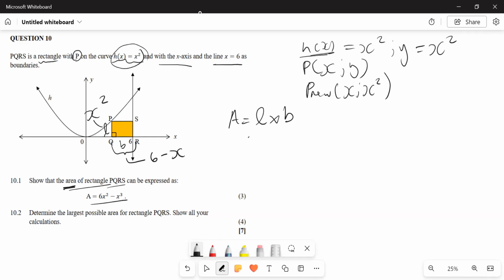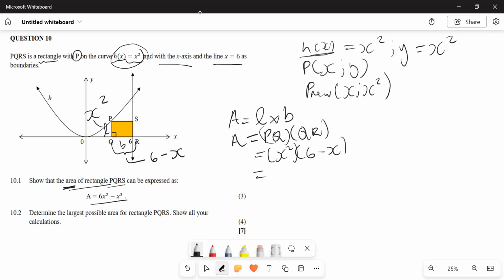So now the area: our length is PQ, and our breadth is QR. PQ is x squared, and QR is 6 minus x.